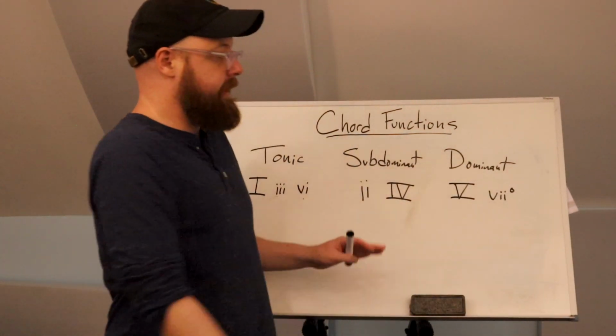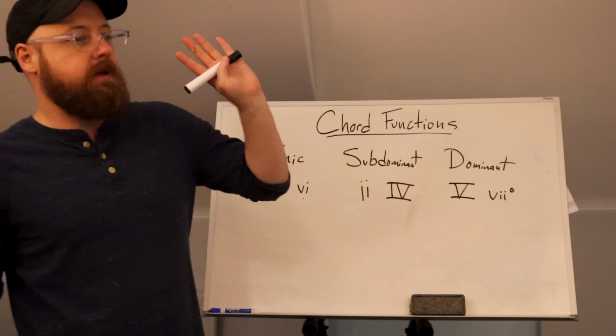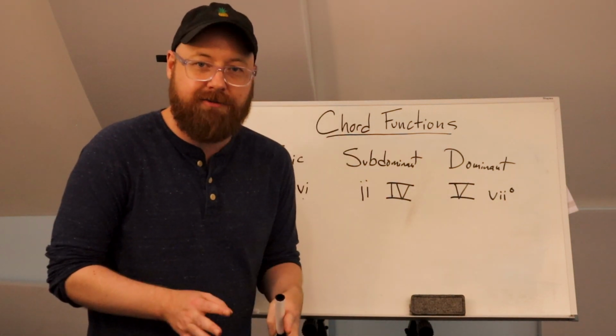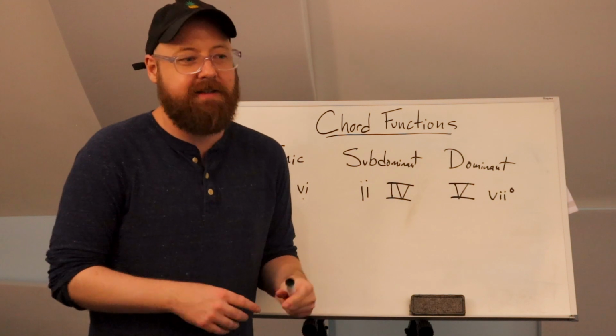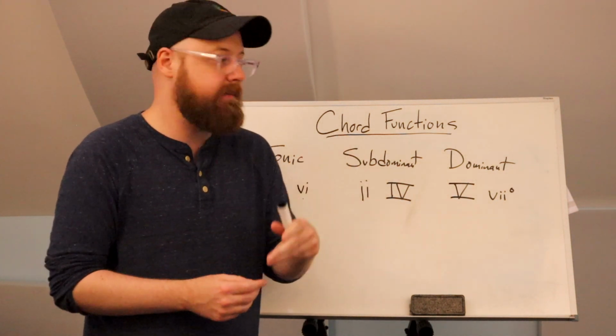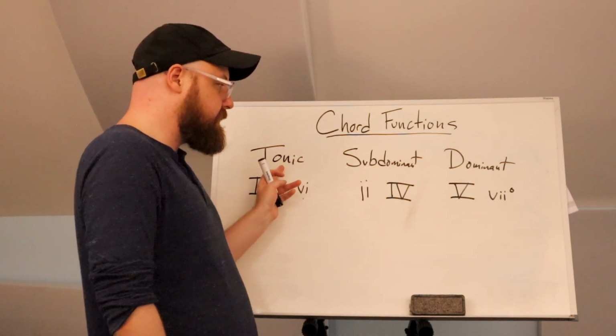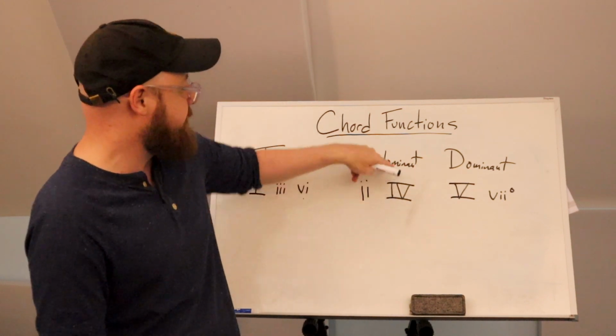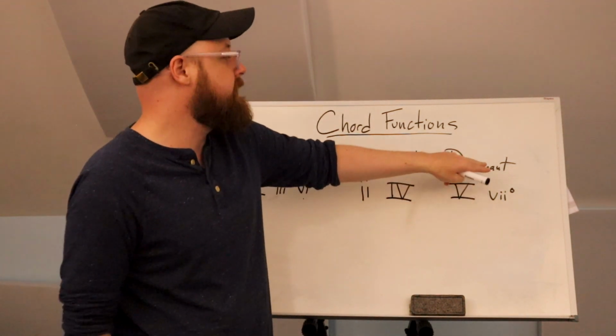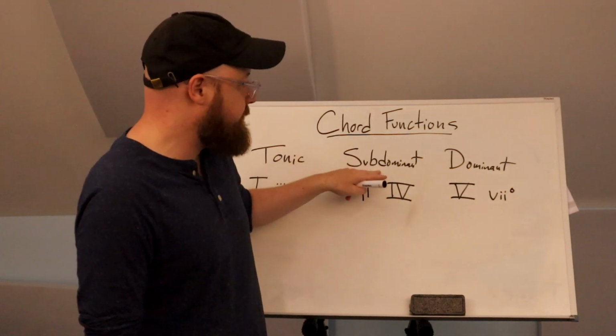Yeah, so there are a lot of educators and texts out there that will tell you a lot of things about tonic chord can go to subdominant, subdominant can go to tonic, tonic can go to dominant, dominant can go to tonic, but subdominant also tends to go.